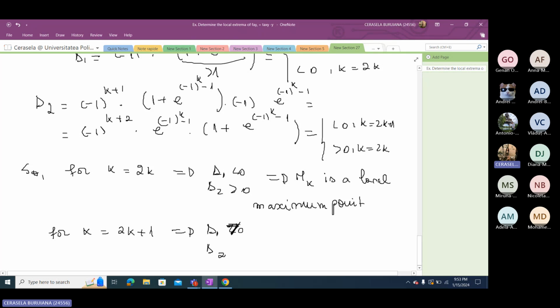Delta 1, sorry, is positive, strictly positive, of course. And delta 2 is negative. From the Sylvester theorem, what do we know in this situation? It's not a local extremum point. And that's it. Other situations we don't have, isn't it?